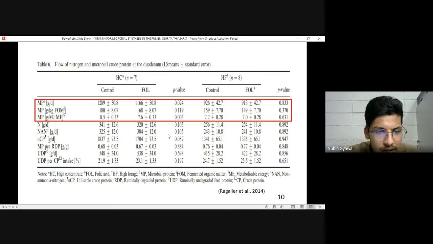Microbial protein. They cannot synthesize microbial protein because of less energy. So my question is whether the energy level is the same for the control and folic acid, or what is the energy level here?